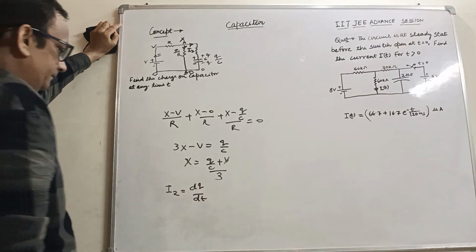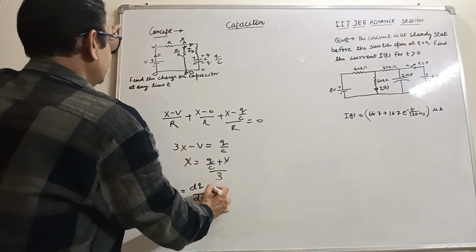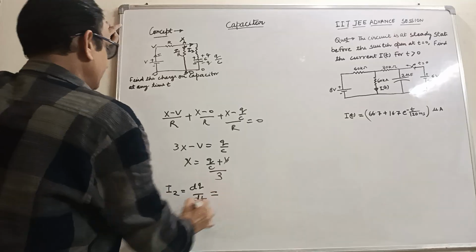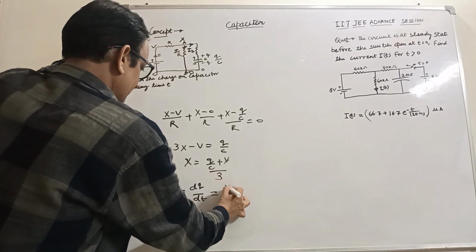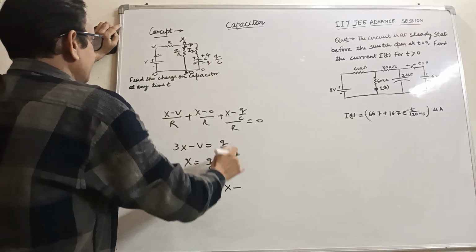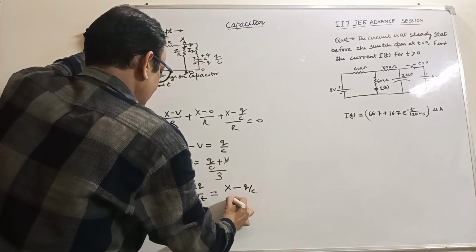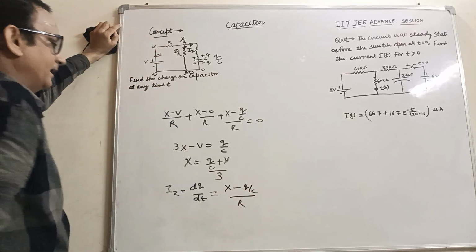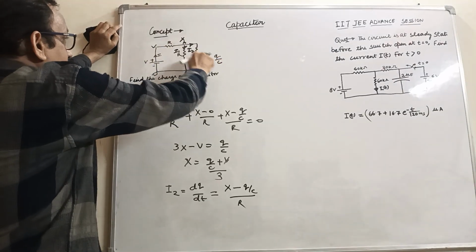and the current would be x minus q by c upon R. Also written as x minus q by c, the potential difference, upon the resistance.